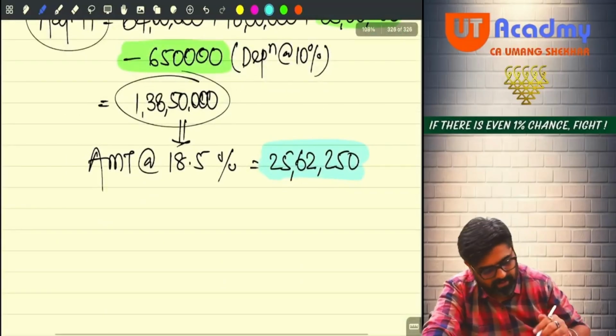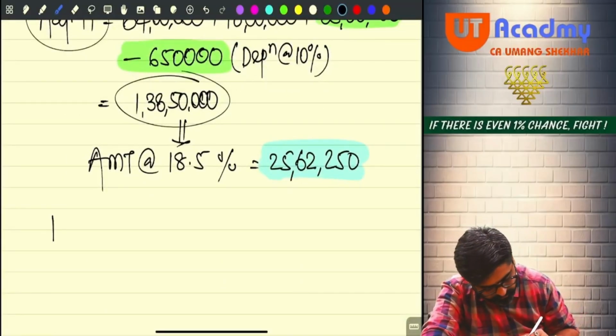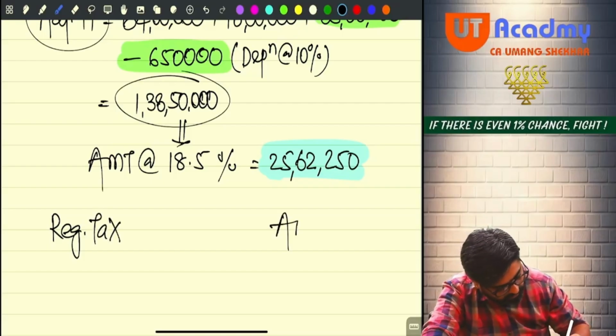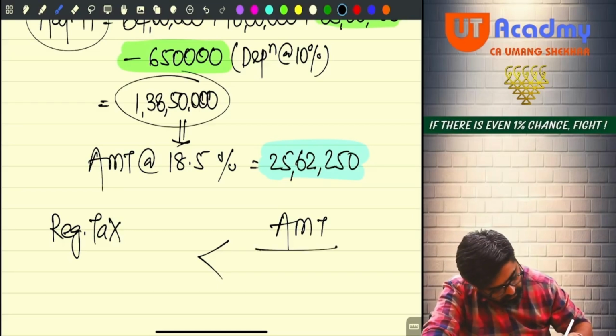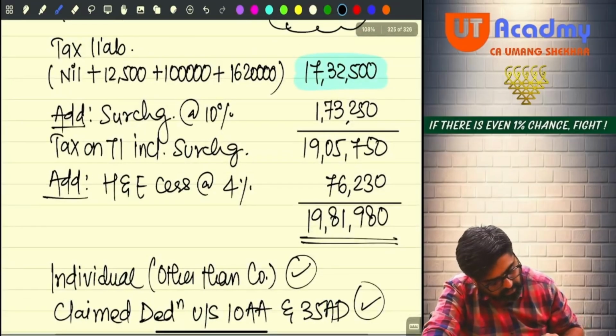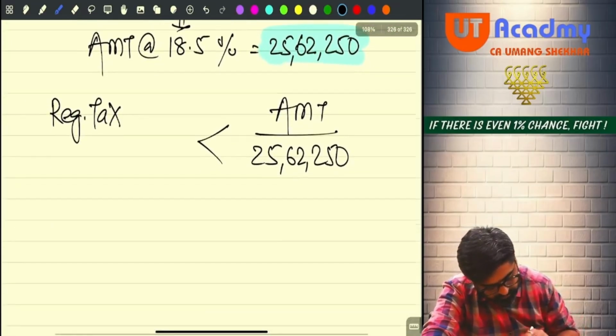Now can I say regular tax? And this is AMT. My AMT is higher because AMT was 25 lakh 62,250 and regular tax 17,32,500.